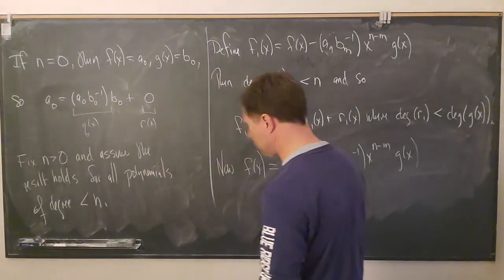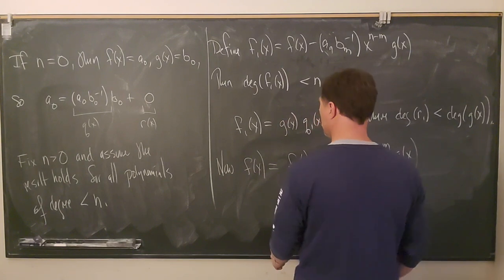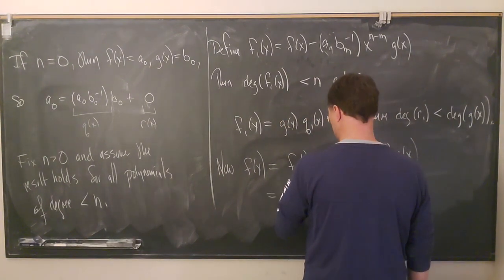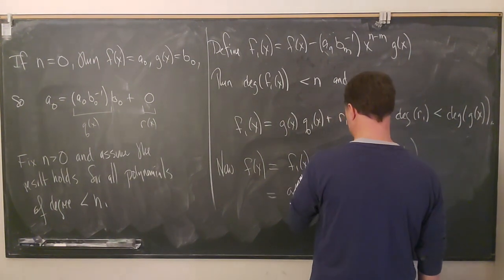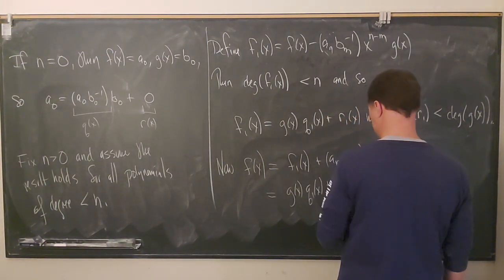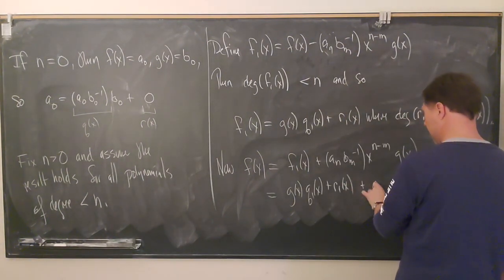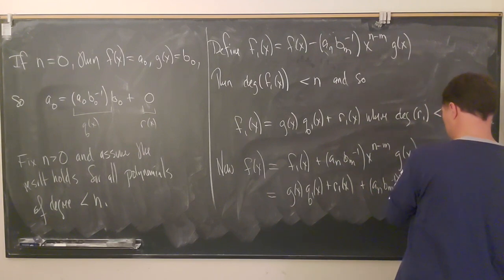I'm going to substitute in place of f1. So this is equal to g of x times q1 of x plus r1 of x plus this stuff here, a_n b_m inverse x to the n minus m times g of x.